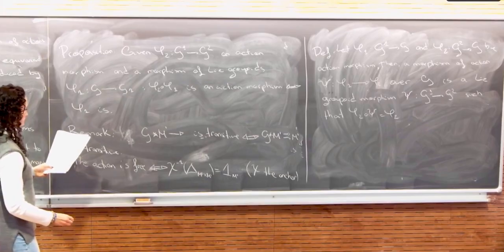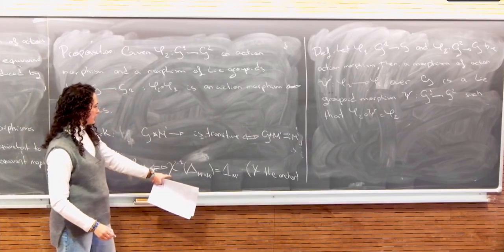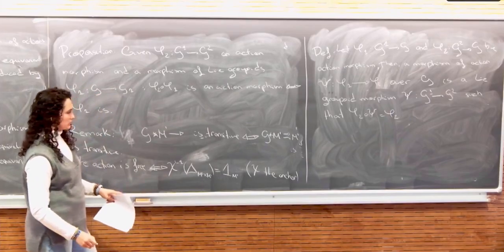It would be better to take primes because it's the anchor of the action groupoid.